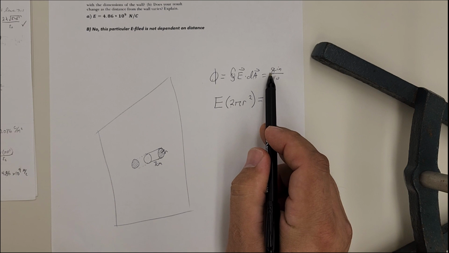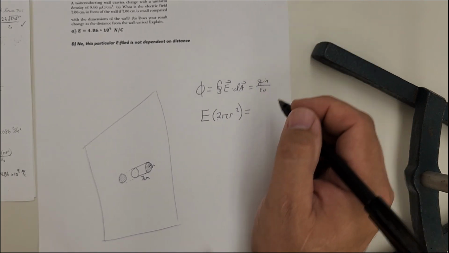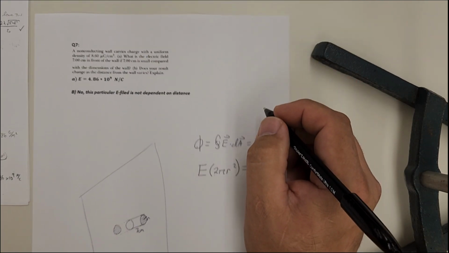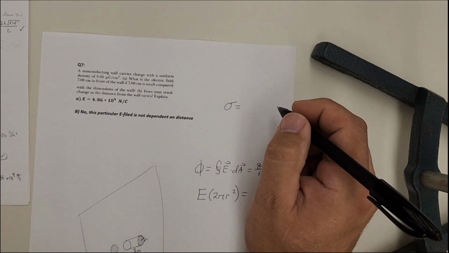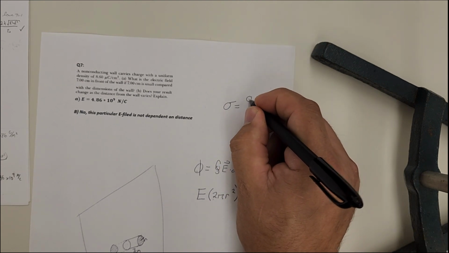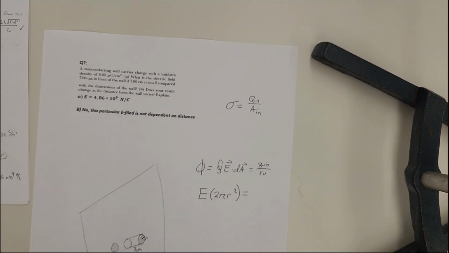This will be how much charge is enclosed. Well, for that, it's a 2-dimensional object, so we're going to need sigma. Sigma here would be the charge that's enclosed over the area that's enclosed.